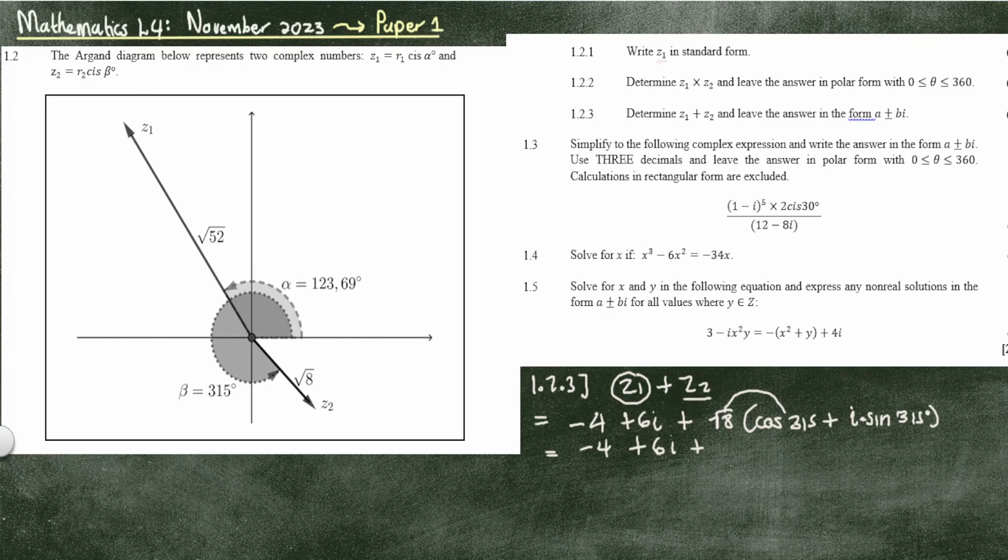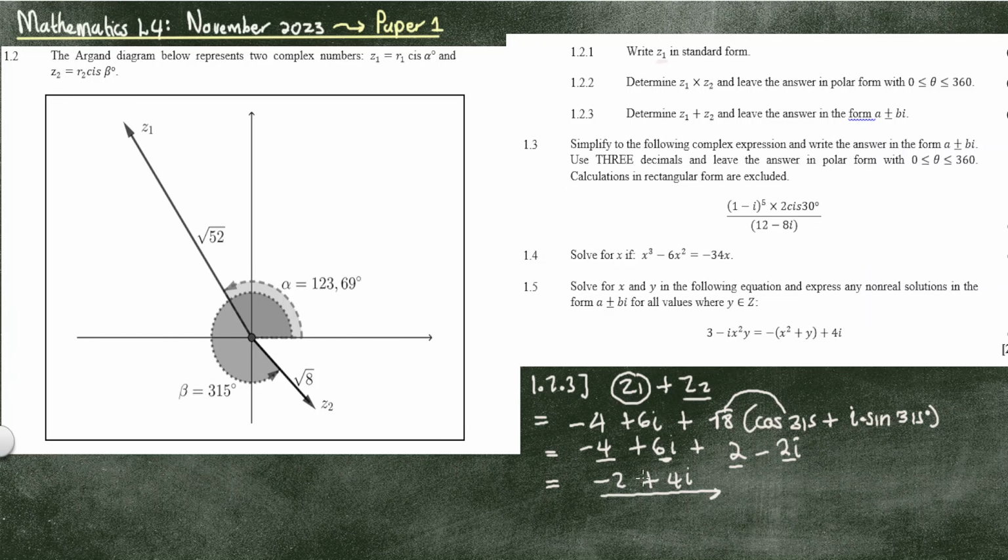Square root 8 multiplied by cos 315 gives 2, and square root 8 multiplied by sine 315 gives minus 2i. So minus 4 plus 2 gives minus 2, and 6i minus 2i gives positive 4i. This is the final answer.